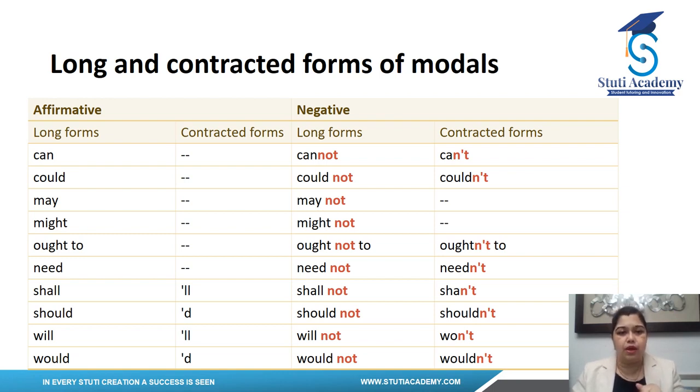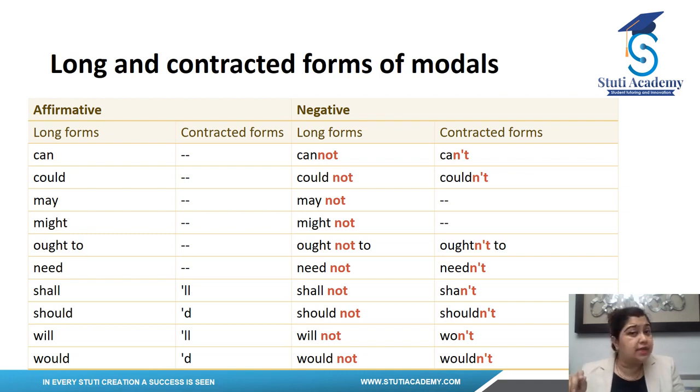The negative form. Then you have could. Similar to can, there is no contracted form for could. And then in the negative, you have could not. So it is couldn't. May, no contracted form. May not is the negative form. Again, may is an exception here. So may not also does not have a contracted form.